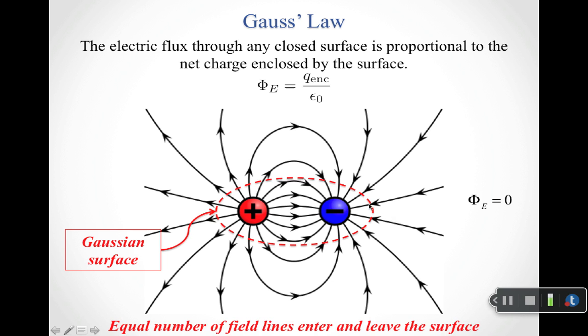When I add them all together, a field line over here cancels out every single field line over there, so the net number of field lines leaving or entering is 0. I've got the same number leaving as entering, and so my electric flux through my Gaussian surface here is 0. So again, this is why Gauss's law gives us a really easy, powerful way to calculate the electric flux by simply counting up the charge inside our Gaussian surface.